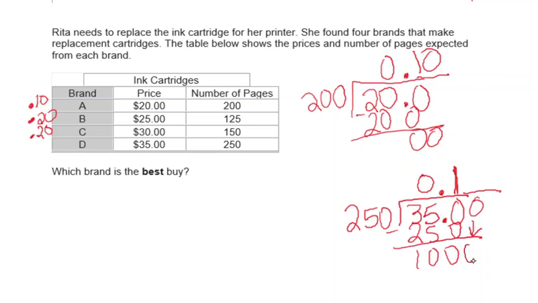Bring down another 0. 250 goes into 1,000 4 times. And now we have no remainder. So brand D is 14 cents per page. The best deal is the lowest price. So the first one, A, is the best deal because it has the lowest unit rate.